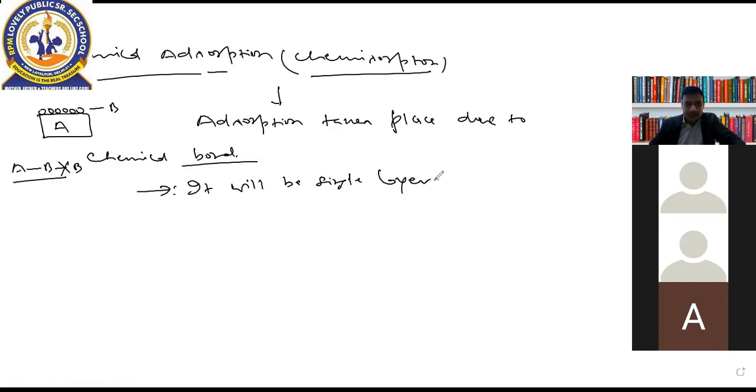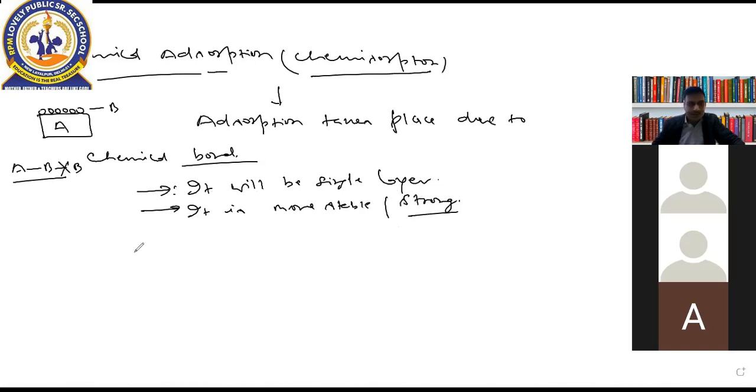And obviously, this is due to the chemical force of attraction, or due to electronic sharing or transfer of electrons. Generally, it is due to the sharing of electrons, because a covalent bond forms, not an ionic bond. So that's why it is more stable and strong also.